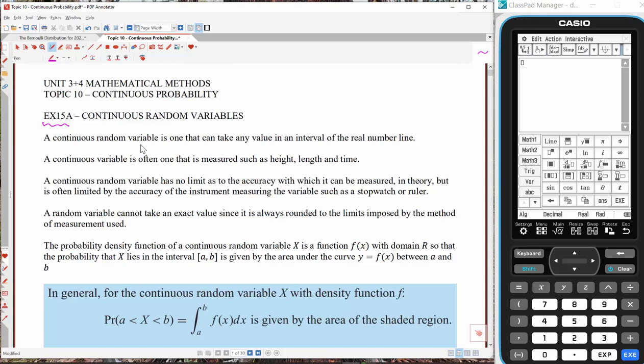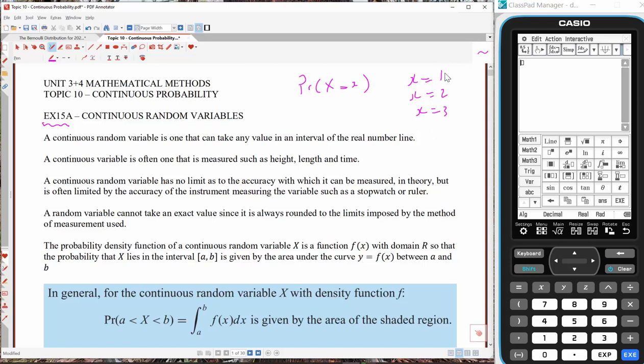So what is a continuous random variable? It's one that can take on any value in an interval of the real number line. Now, that's different from what we've seen in discrete, because x in discrete random variables will be like 1, 2, 3.